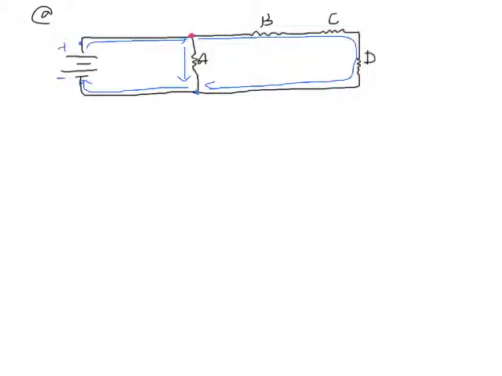This charge, if it decides to go in the BCD branch, is forced through B, forced through C, and forced through D, which means at this point there's only a single pathway. Once it decides to go through the top branch instead of the branch going down, it has to go through B, C, and D. So B, C, and D are series.